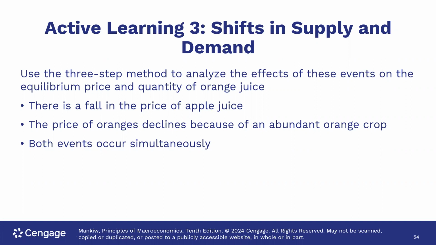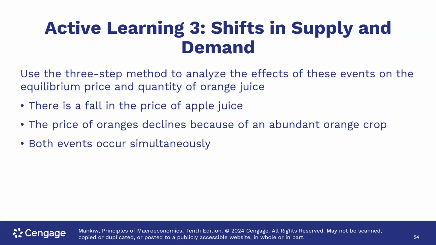So the orange is actually the input for orange juice. If the price of oranges declines, it means the input price becomes lower, then the production cost becomes lower. So it becomes more profitable for the seller to sell orange juice.